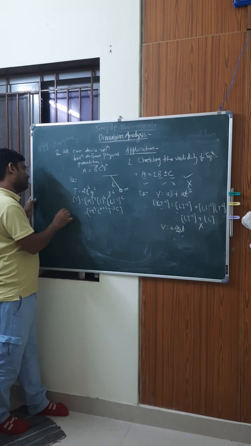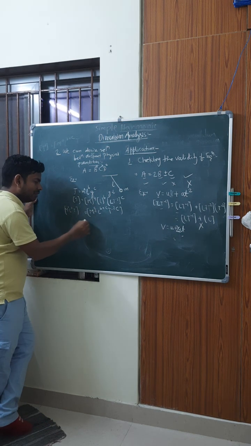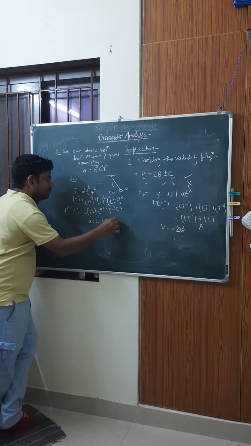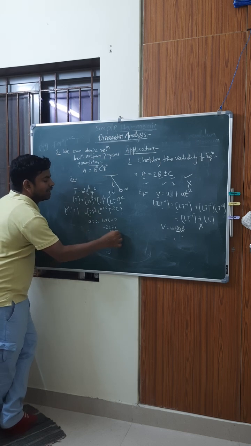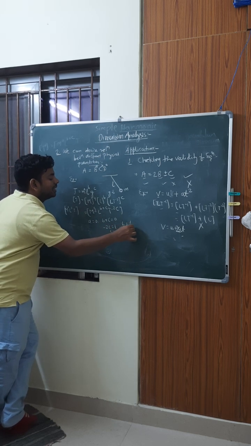If you compare with the left hand side, we have M to the power 0, L to the power 0, T. So a will be equal to 0, b plus c will be equal to 0, and minus 2c will be equal to 1. So c will be minus 1 by 2, and if you plug this back, b will be 1 by 2.